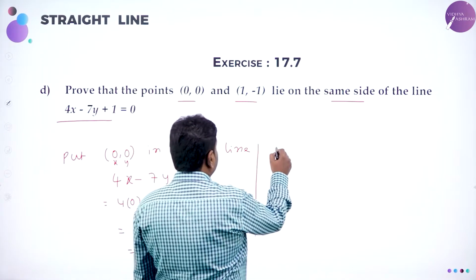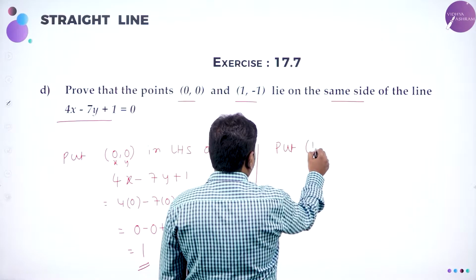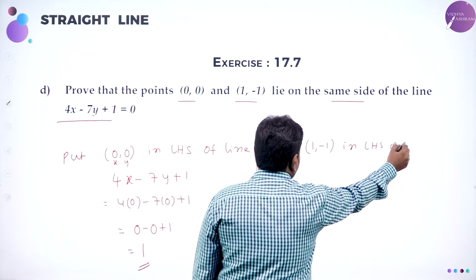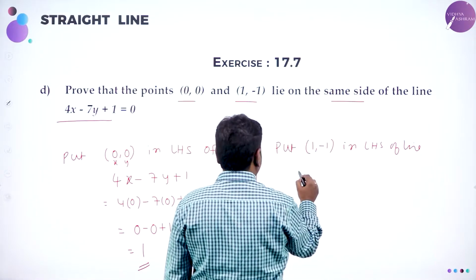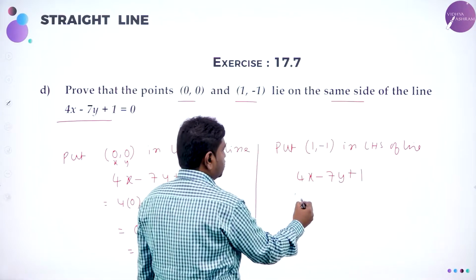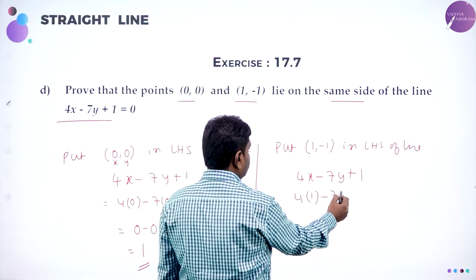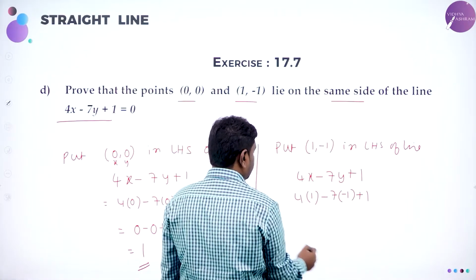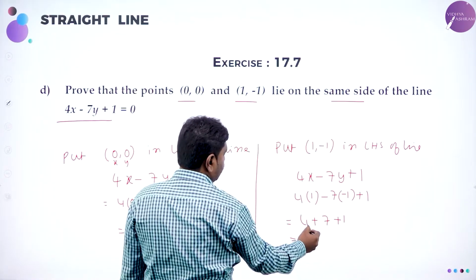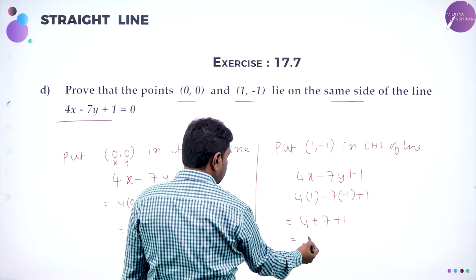Then put 1, -1 in the LHS of the line. That is 4x minus 7y plus 1. That is 4 into 1 minus 7 into -1 plus 1. 4 plus 7 plus 1. 7 plus 4, 11. 11 plus 1, 12.